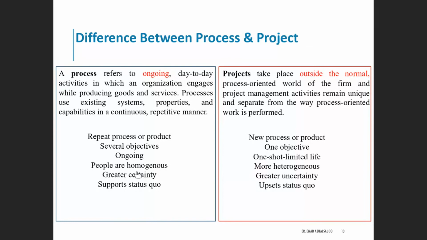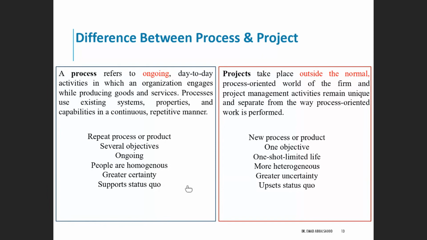Projects are more heterogeneous. People in a process are homogeneous because they are working with each other all the time. Here, maybe only for the project they work together, but then everyone goes somewhere else. So the homogeneity comes in the process because those people usually belong to the organization or to the place where they are working.